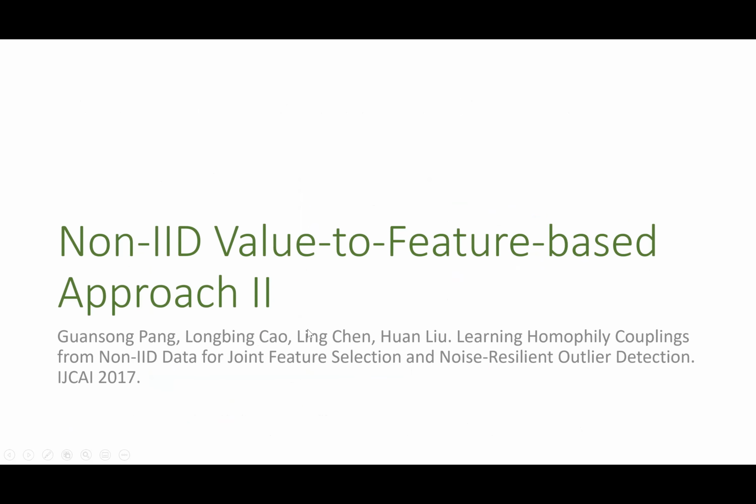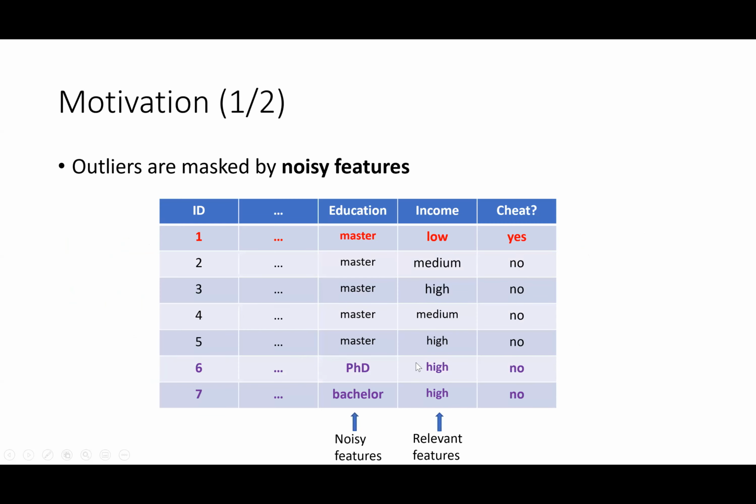This is the second paper, which quickly illustrates how feature selection can make a difference. With categorical data like this, you have some noise features and relevant features. Relevance here means that a low value is more likely relevant to yes, cheat or not, fraud or not.